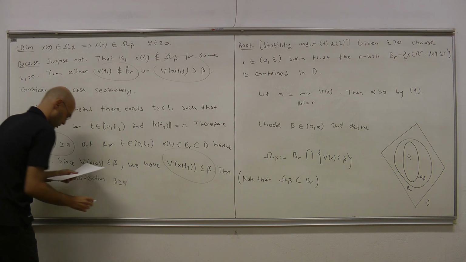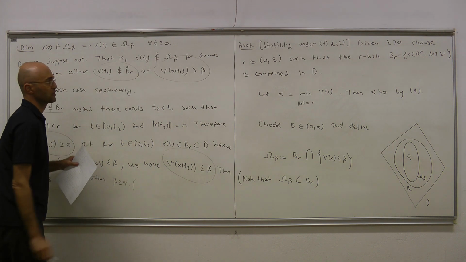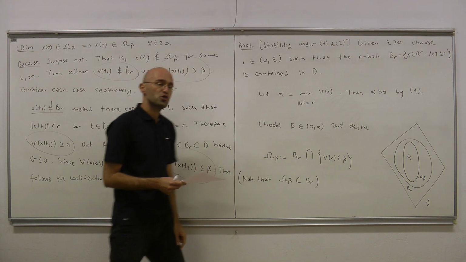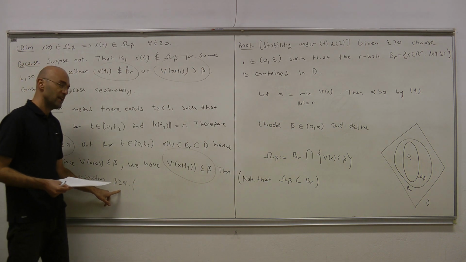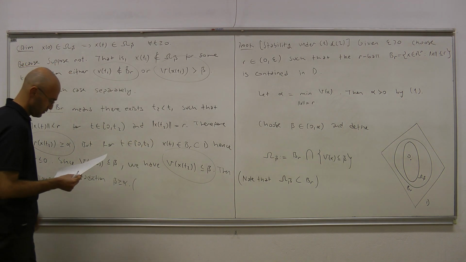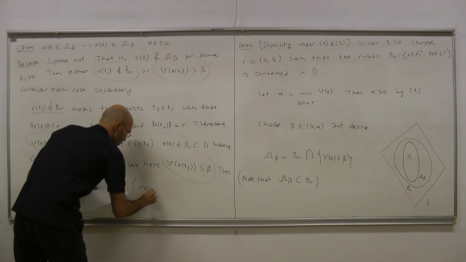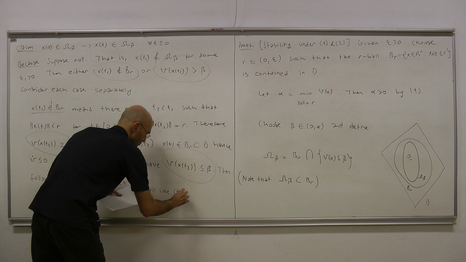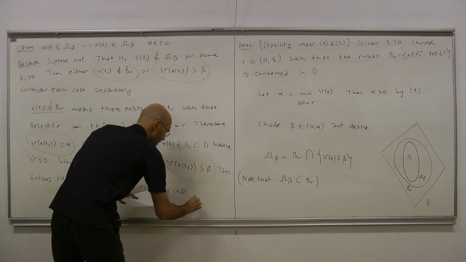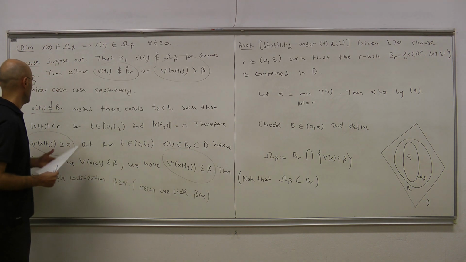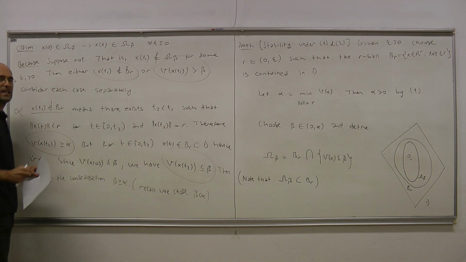Why is it a contradiction? It's because we have chosen beta such that it's strictly smaller than alpha. But here, what we obtained is that beta is equal to or larger than alpha. So that's why we have a contradiction. We have chosen beta strictly less than alpha. Therefore, this cannot be true.